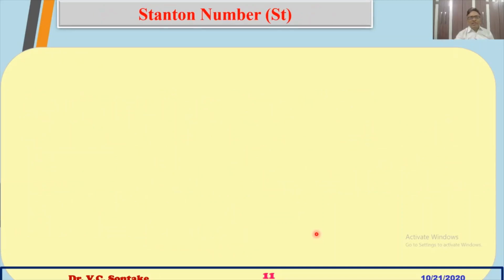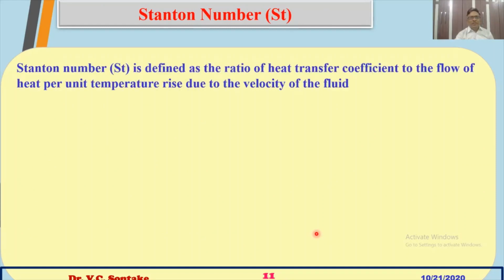Next non-dimensional number is Stanton number, represented by St. Stanton number is defined as the ratio of heat transfer coefficient to the flow of heat per unit temperature rise due to the velocity of the fluid.